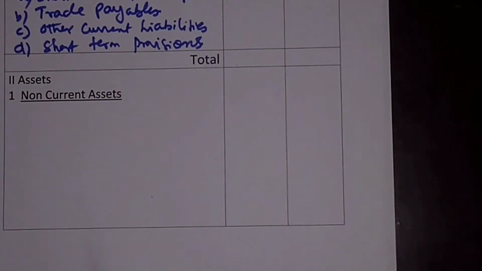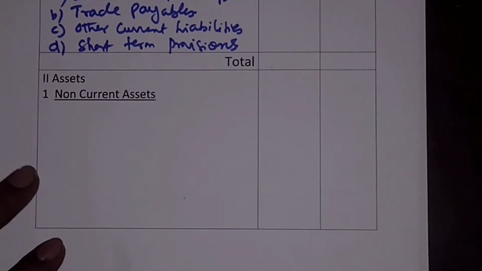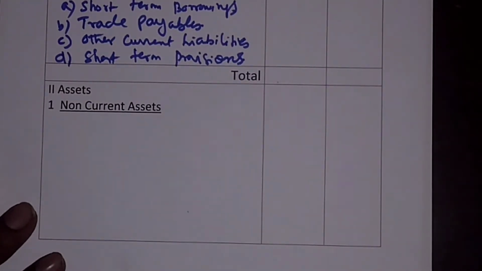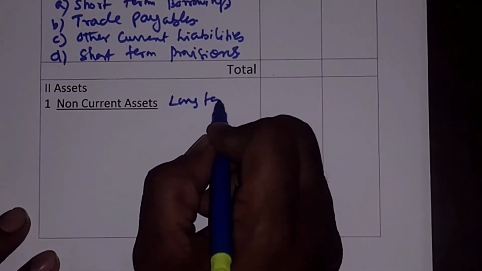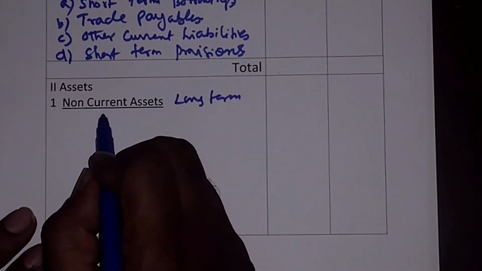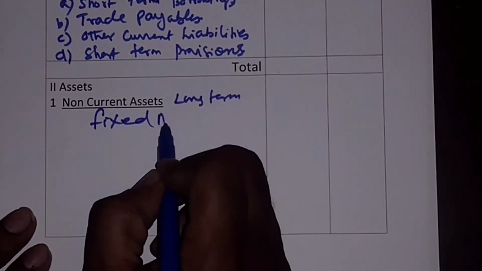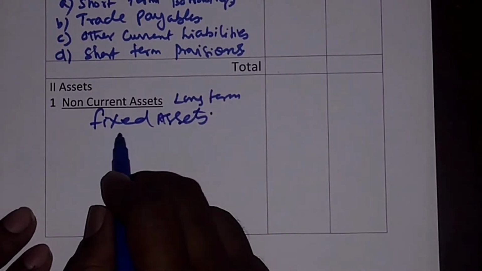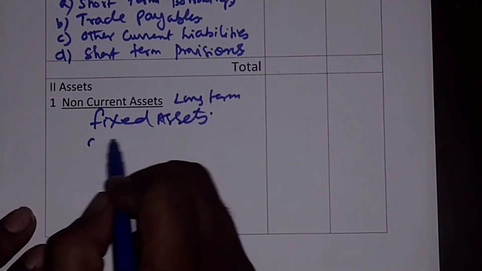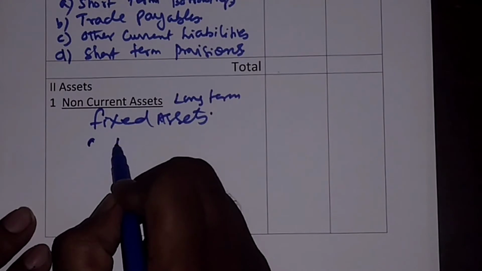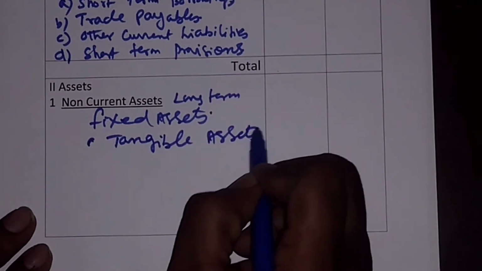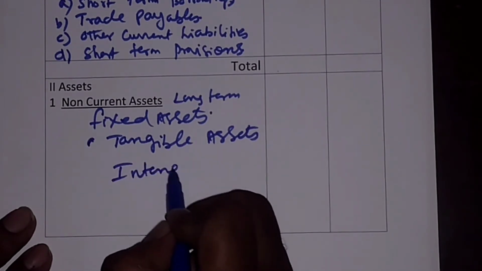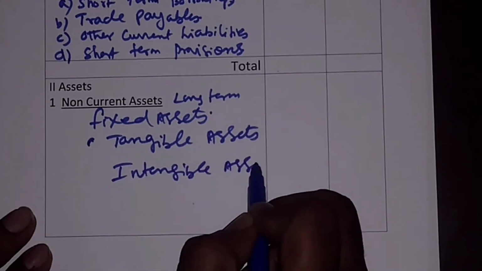Next, coming to assets. The assets are classified into non-current assets and current assets. Current assets I will show on another page. Non-current means long-term assets. Under that, the very first one is fixed assets. These fixed assets are classified into tangible assets and intangible assets.